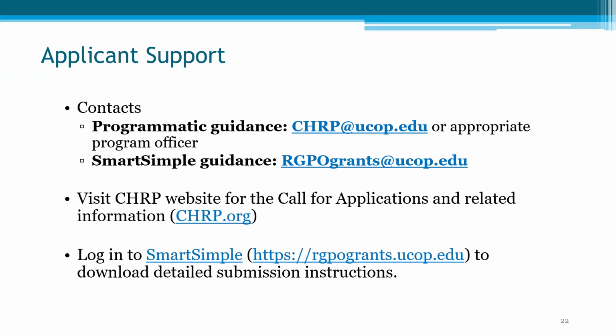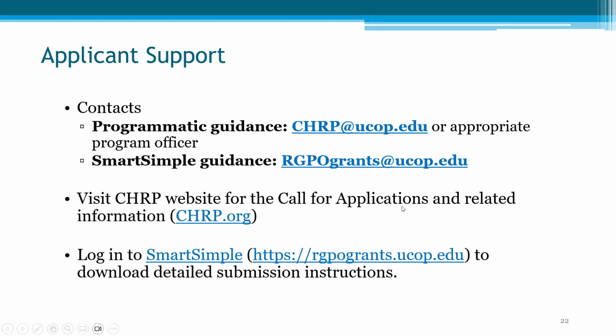You can, again, visit the CHRP website for the call for applications and related information at chrp.org and log into SmartSimple at https://rgpogrants.ucop.edu to download the submitted detailed submission instructions.